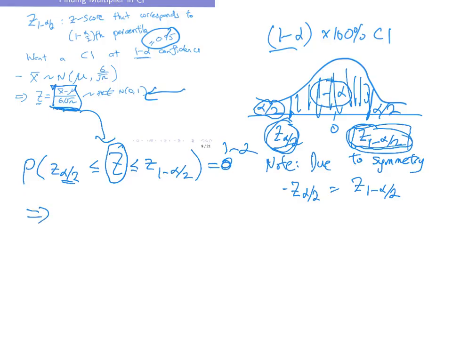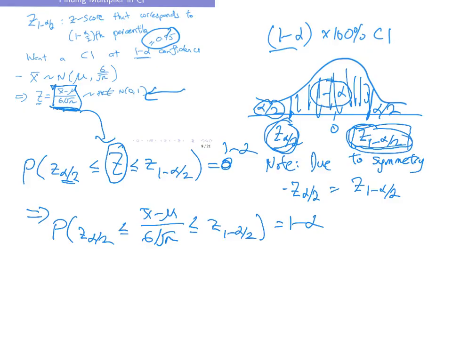So this implies the probability that z alpha over 2 is less than or equal to x bar minus mu over sigma over square root of n, which is less than or equal to z 1 minus alpha over 2, equals 1 minus alpha. The next thing I'm going to do is use the symmetry property to change this, which is the same as saying negative z 1 minus alpha over 2.